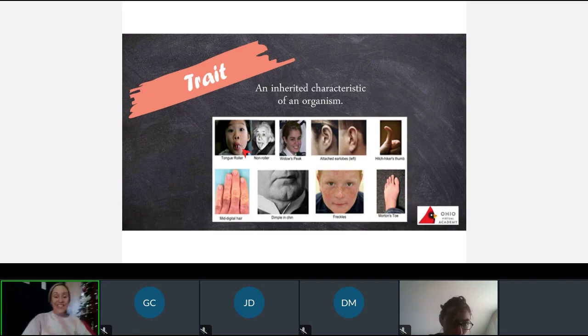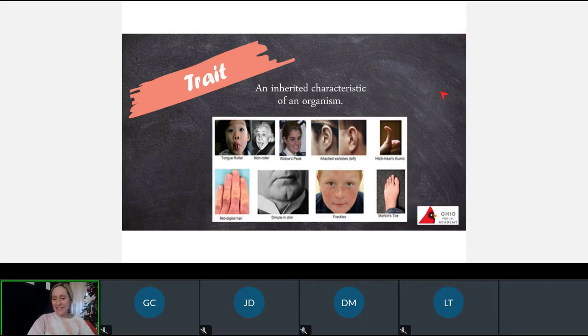So, did Mila inherit tongue rolling from me? She didn't. So she's my kid, but she did not inherit that characteristic, right? Just like you guys. That could be your conversation at the dinner table tonight. Who else in your family is a tongue roller?